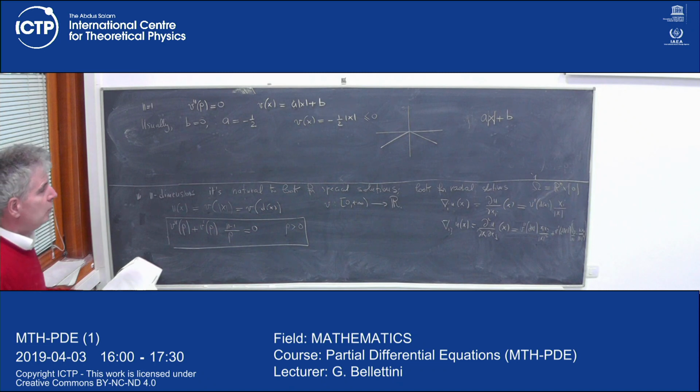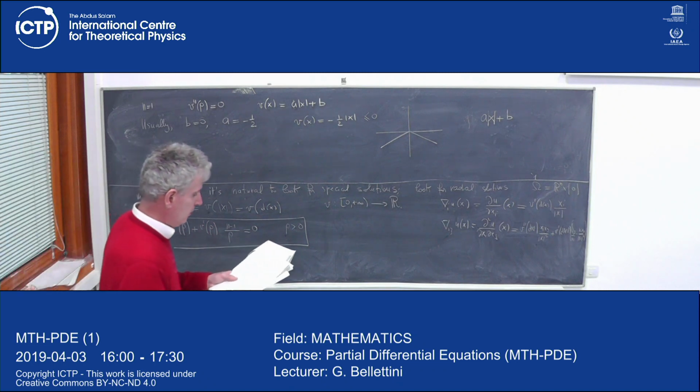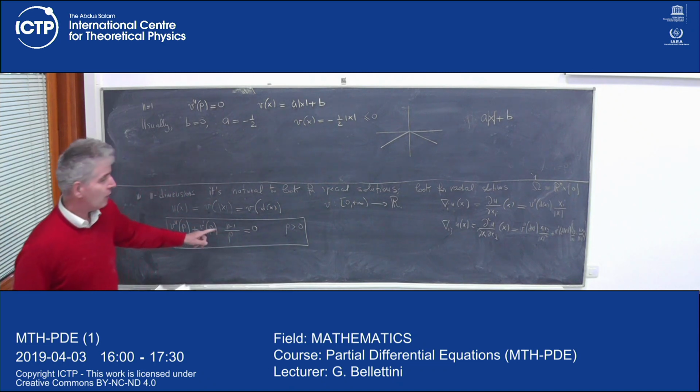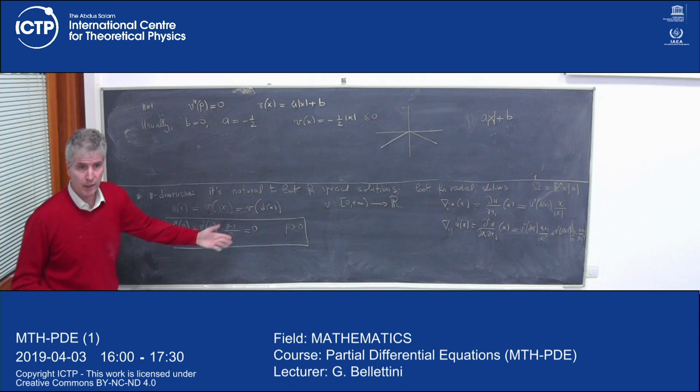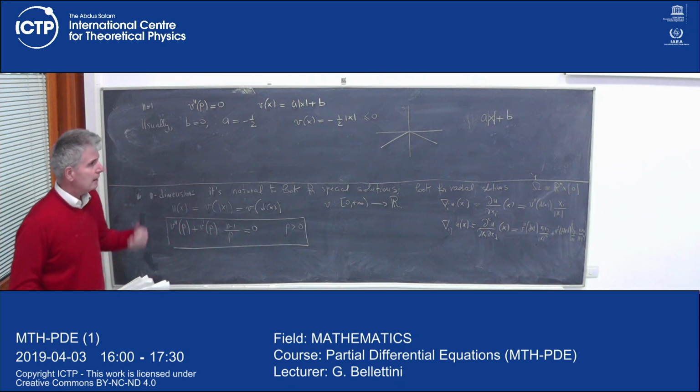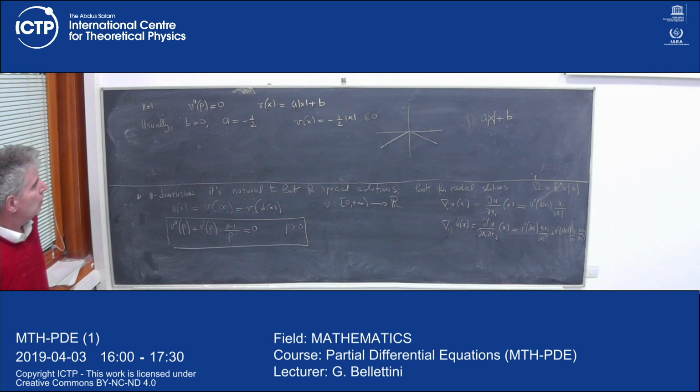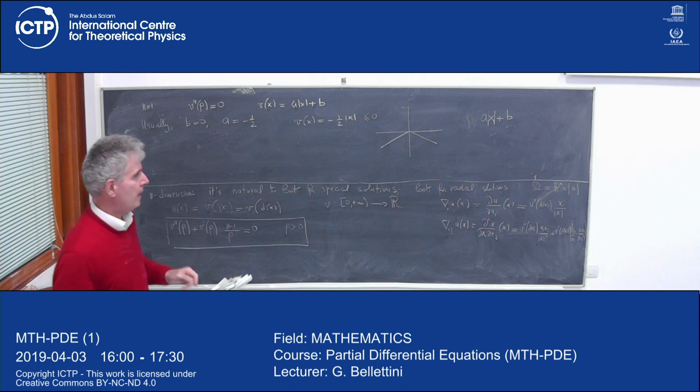So let me do an exercise now before going on. Remember that we have not finished our computation. We have to consider the more interesting, actually much richer case of n equal to 3, etc. But I want to make an exercise in one dimension.